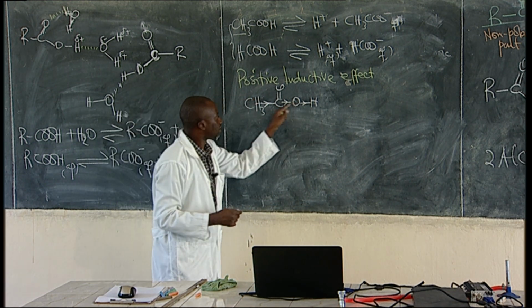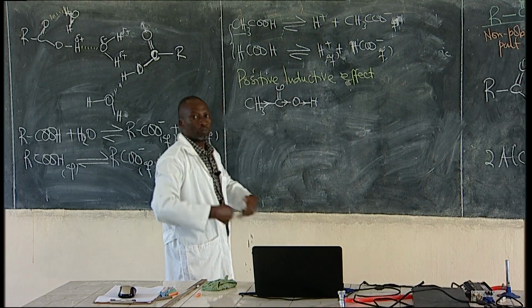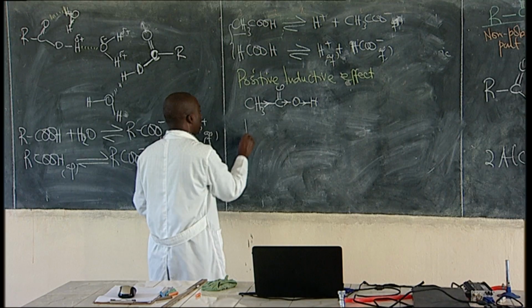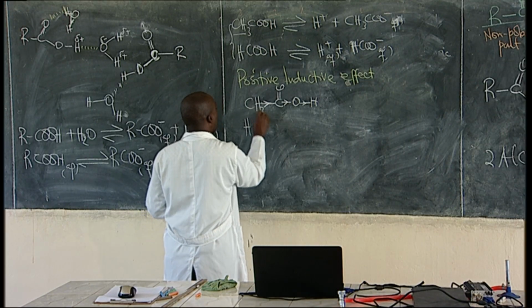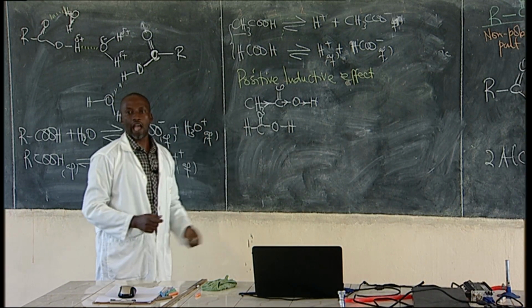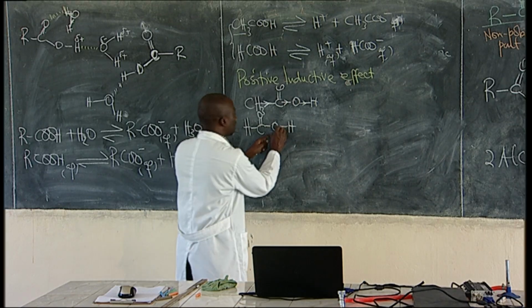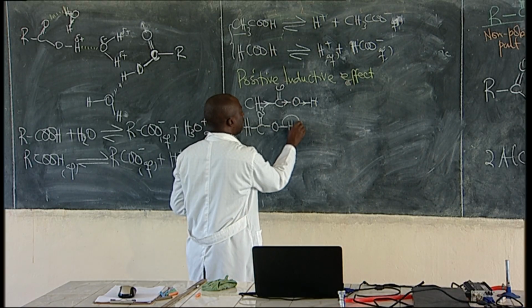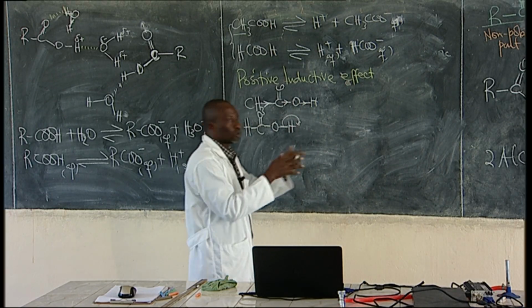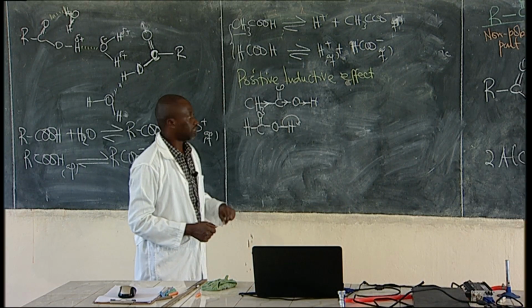That makes this O-H bond stronger compared to the methanoate, where the hydrogen has no such effect. So this hydrogen can more easily break compared to this one where the electrons are entering. This is the positive inductive effect.